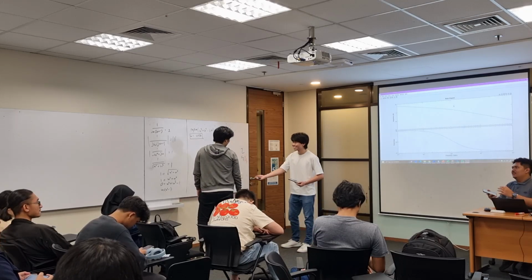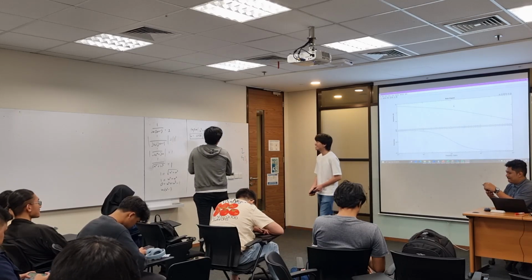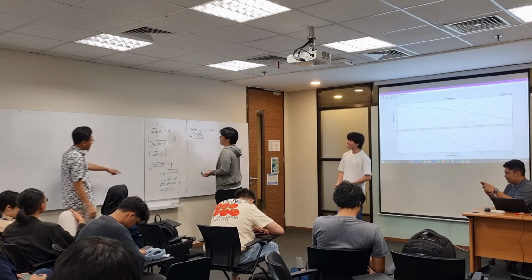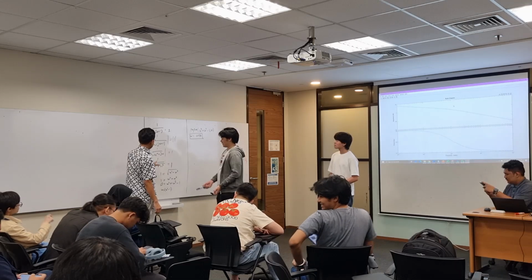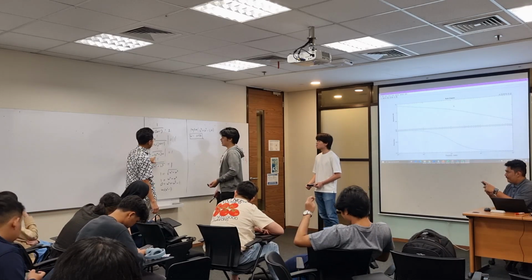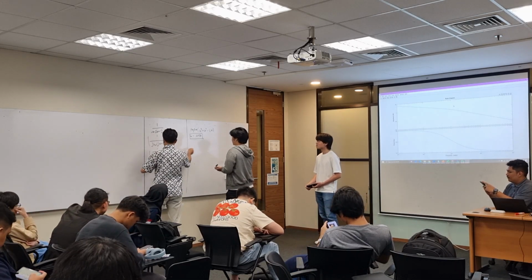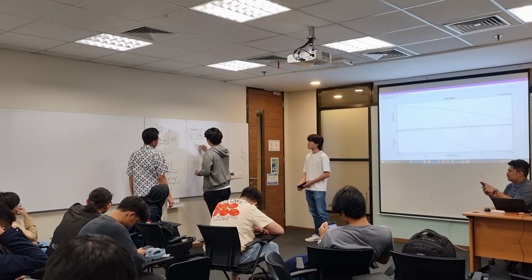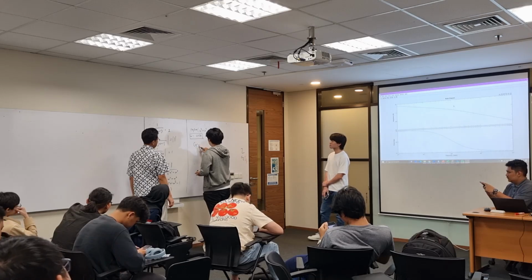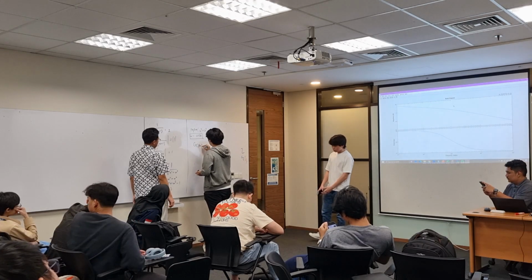So, okay, we will use this one. You put there G of j omega is equal to this. G of j omega is equal to this.